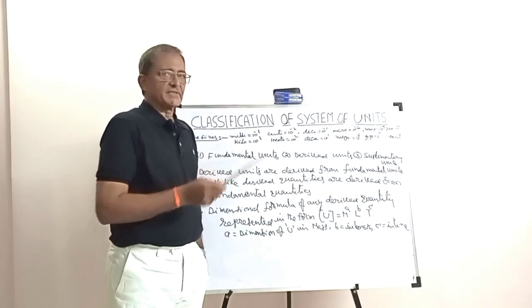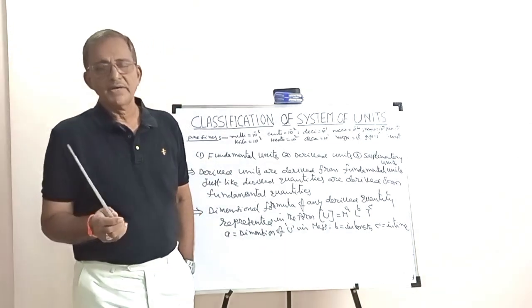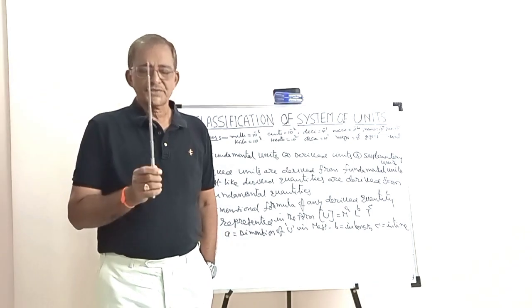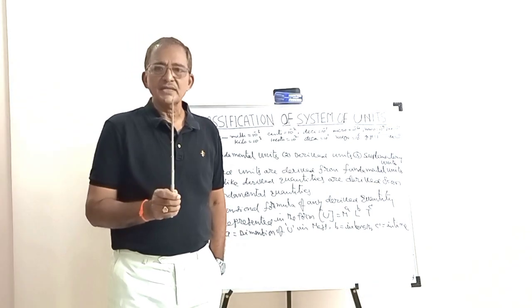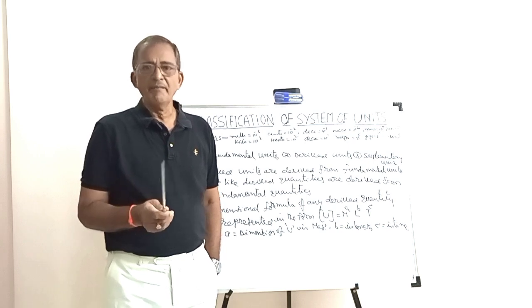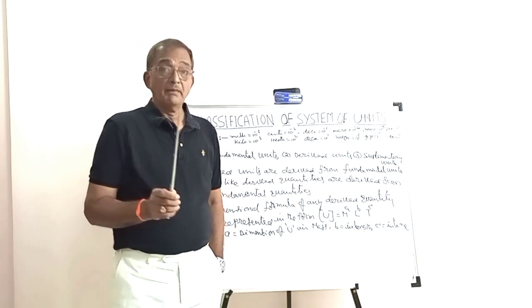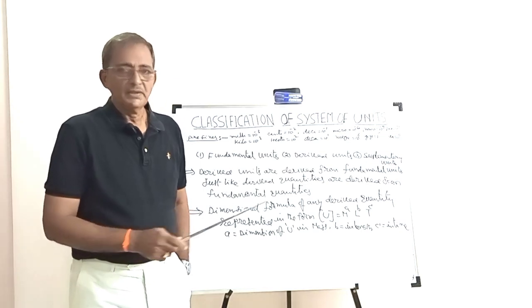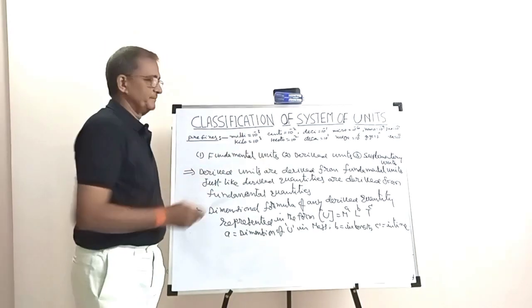Similarly, mass has SI unit kilogram, and all other units come under practical units. That means a physical quantity possesses only one systematic unit, and all the remaining units come under the name practical units. But all practical units are related to SI system unit with the help of these prefixes.